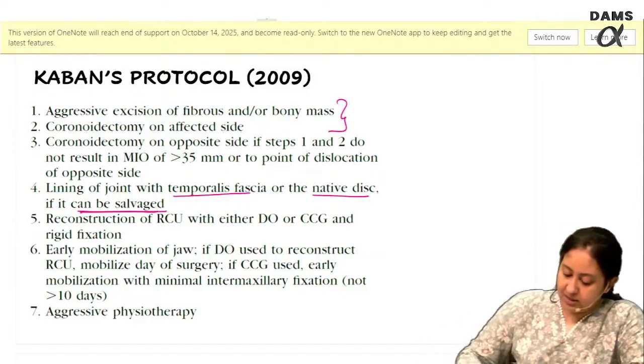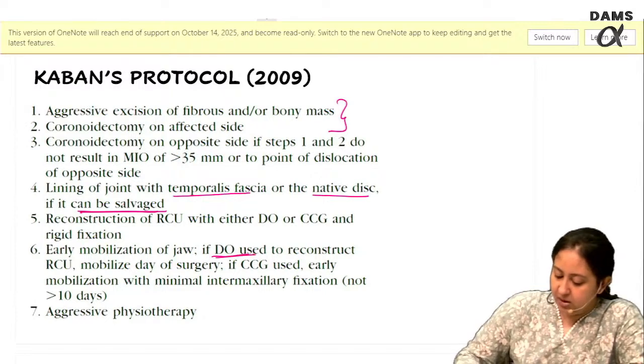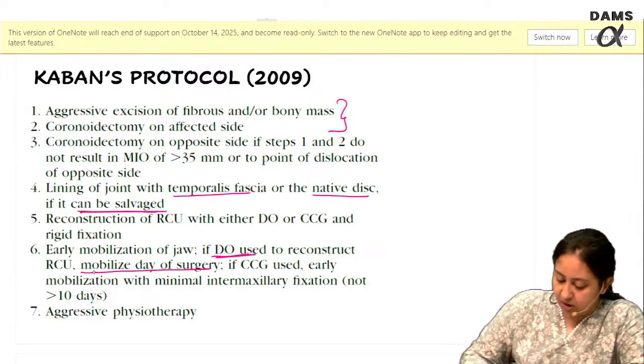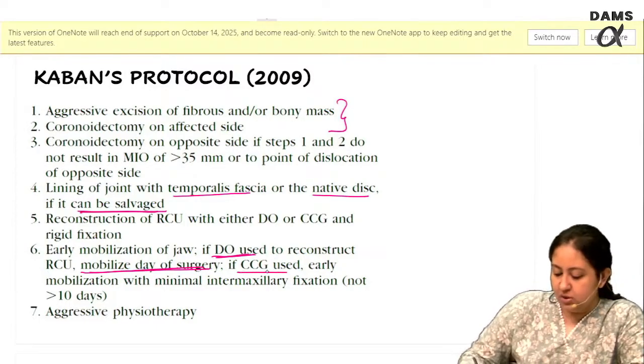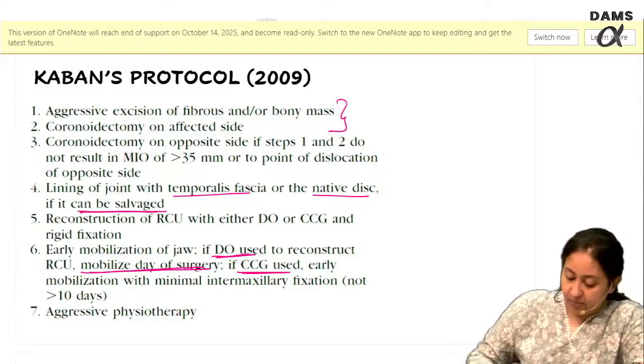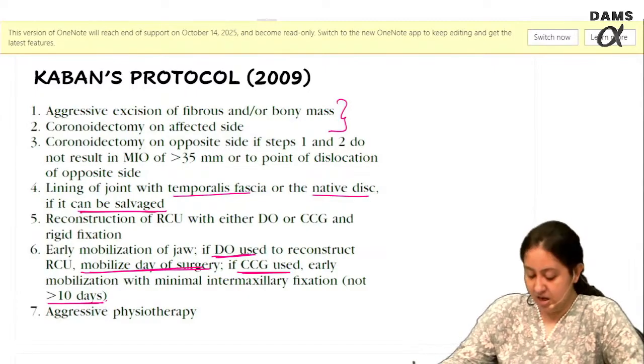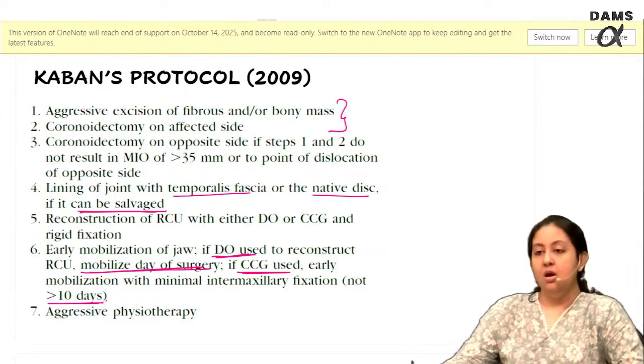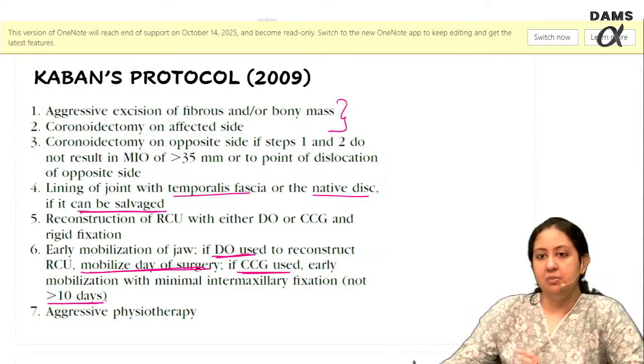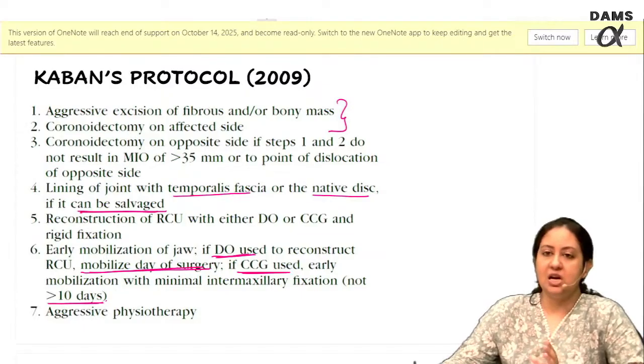So what does this say? If you are using distraction osteogenesis to reconstruct, mobilize on the day of surgery. If you are using a costochondral graft, mobilize it within 10 days, initially with minimal intermaxillary fixation, but after 10 days you have to completely mobilize it.